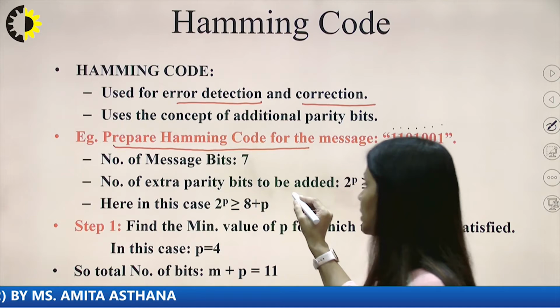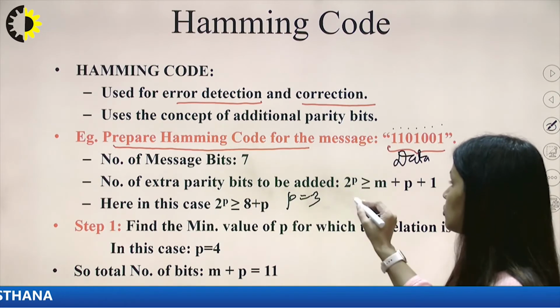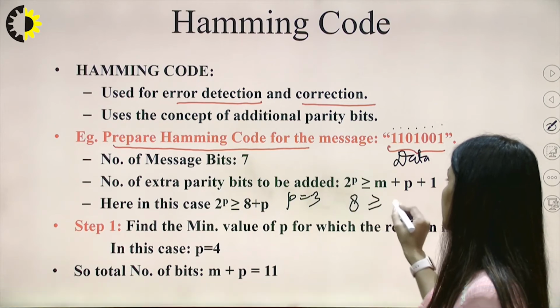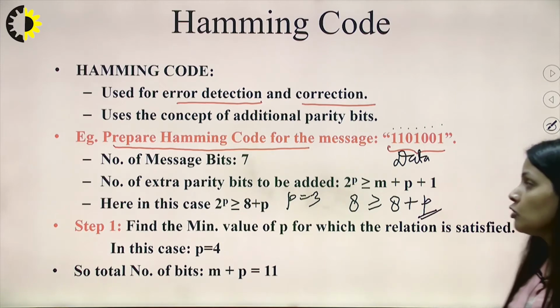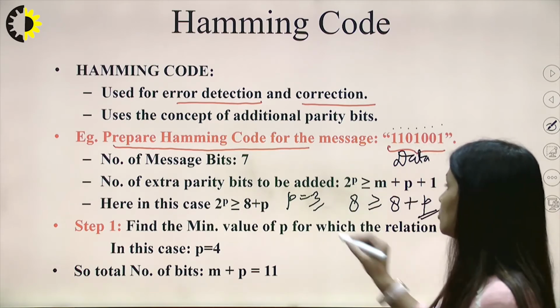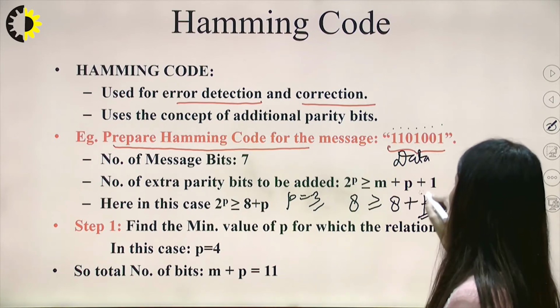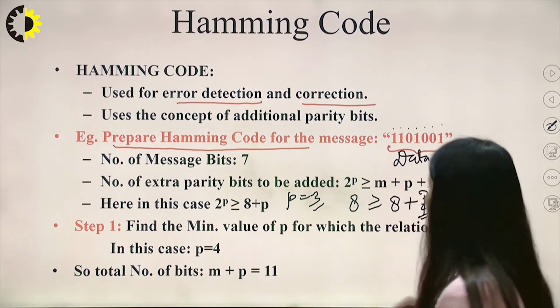So here if I put p equal to 3, let's say, this will be 8 should be greater than or equal to 8 plus p. That's not correct, because we have taken p equal to 3. So here 8 plus 3 is 11, and 8 is not greater than or equal to 11.